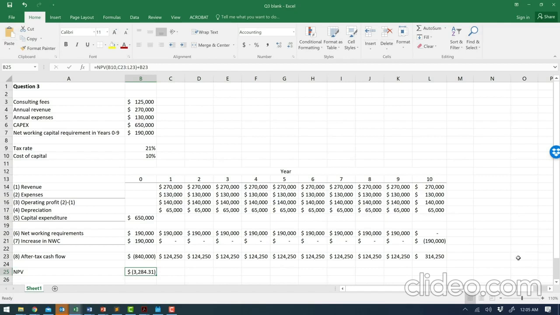We're required to spend additional $190,000 in year 0, which we only get back in year 10. Given the discount rate of 10%, the time value of $190,000 is significant enough to turn the NPV of this project negative.